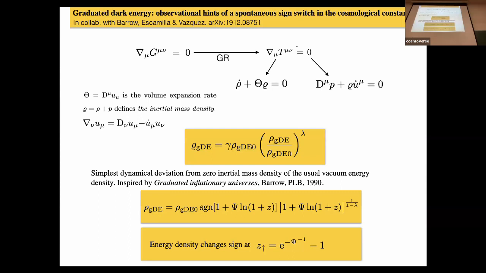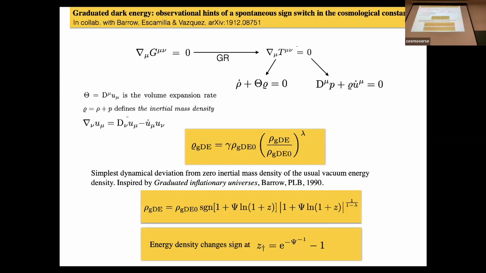Let me first tell you what this is. In general relativity, from the Bianchi identity, we have conservation of T mu nu, but we cosmologists usually see this continuity equation. Theta here is 3H, and the coefficient is equal to rho plus p.